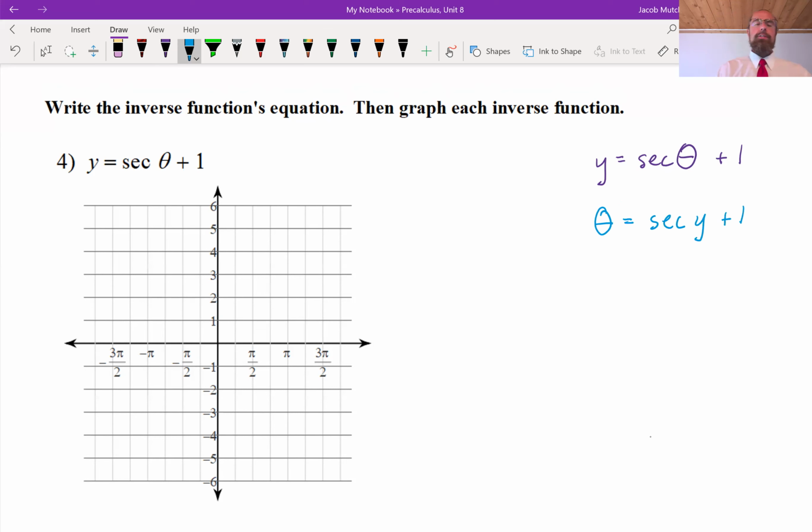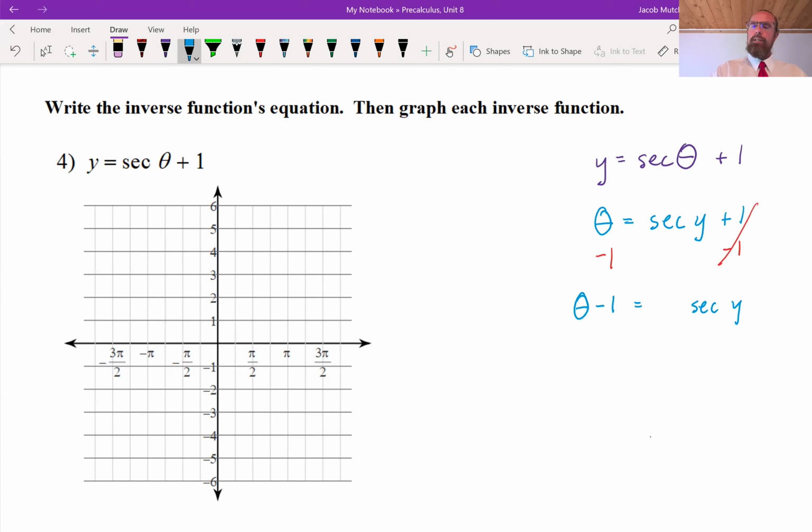Since there's an additional component to this function, the plus 1, I have to cancel that first before I apply inverse secant. So I'm going to write minus 1 on the right and minus 1 on the left, so that my next step is theta minus 1 equals just secant of y.